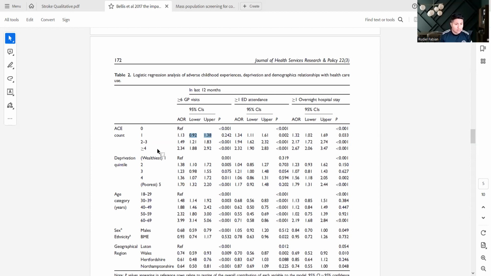And so in this case, you see it has a lower bound and an upper bound for the confidence intervals.